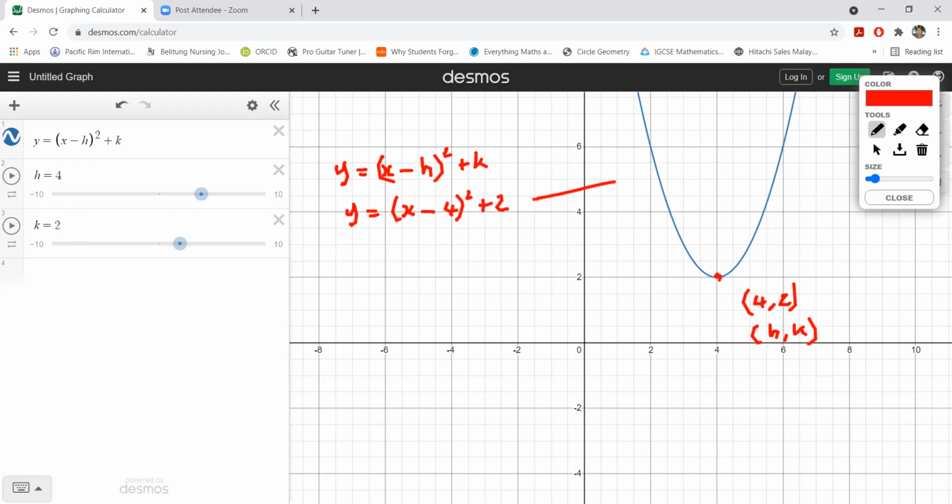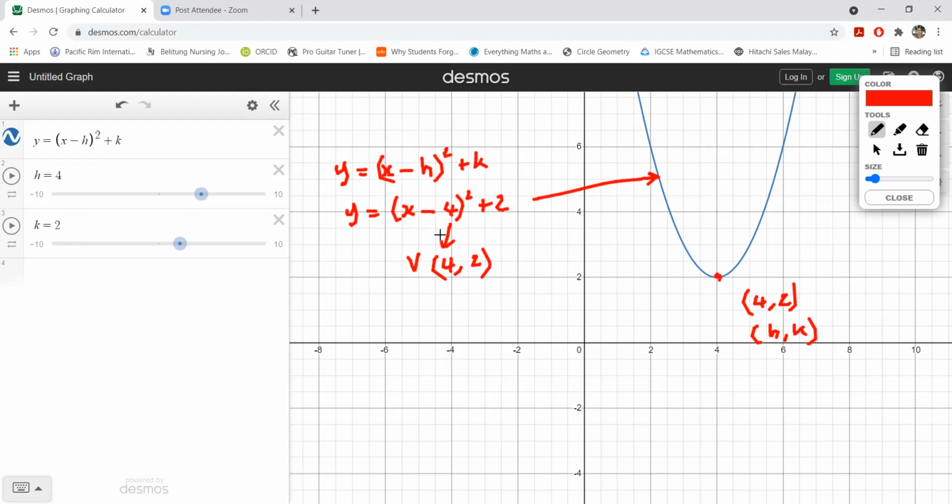So that's the equation of this line here. And hk is the vertex. So that's going to be 4 and 2. That's the vertex. Not minus 4. X minus h. H is 4.